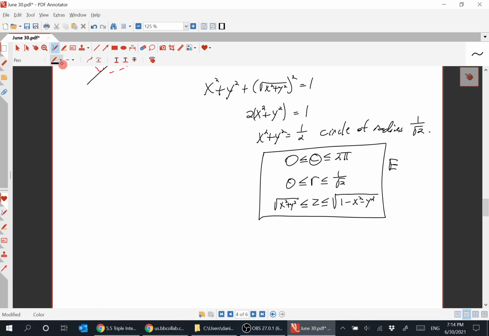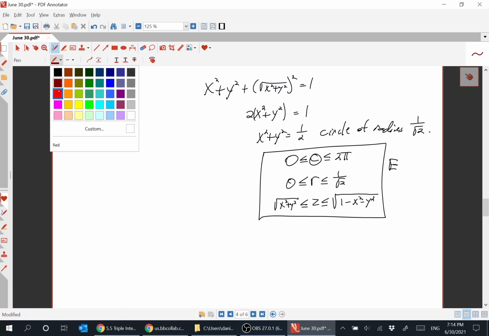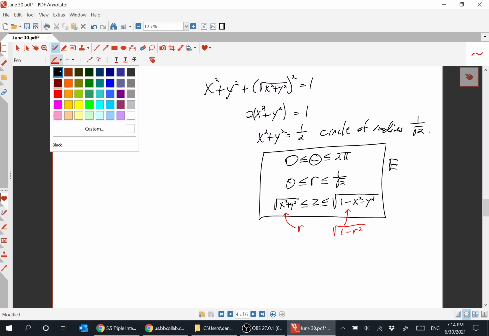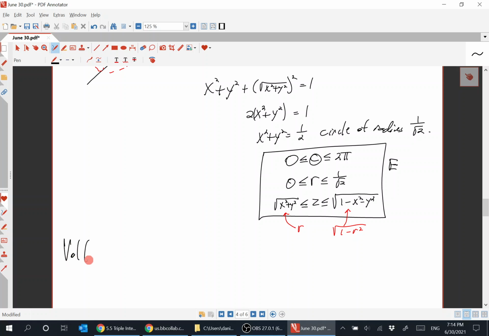If you want this last equation, you're going to have to change it into r and thetas later. You could do it now if you want. It might save some space. This is just r, and this is square root 1 minus r squared. Okay, so the volume of E is the triple integral over E of 1 dV.